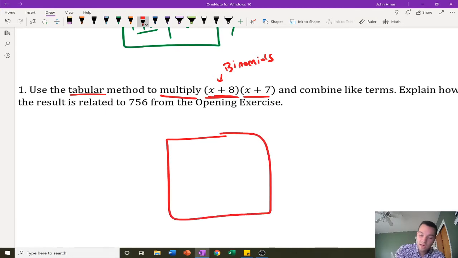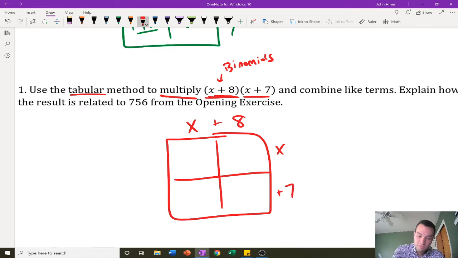So I'm going to make my area model. I'm going to make my table and put x plus 8 and x plus 7. Now here's the thing, don't put this plus on the side in the middle here, it goes with that second term there. So here's the question, what is x times x? Is it 2x or is it x squared? So repeated multiplication, x times x, is what exponents are all about.